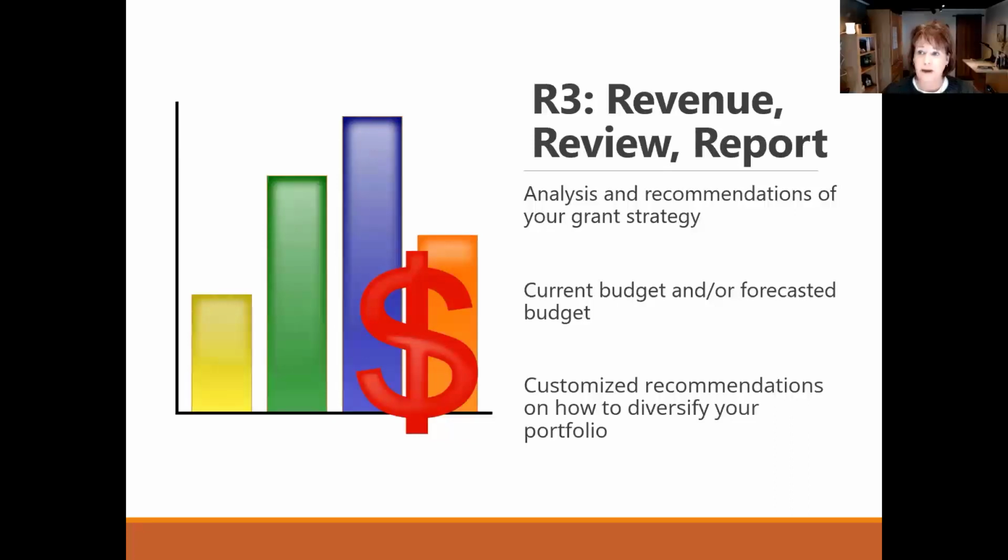It would tell you what the best practices are to diversify your funding sources. Or if you're too heavily focused on government grants, it would again give you recommendations as to how to go out and seek those corporate sponsors or other foundations or associations and things like that.